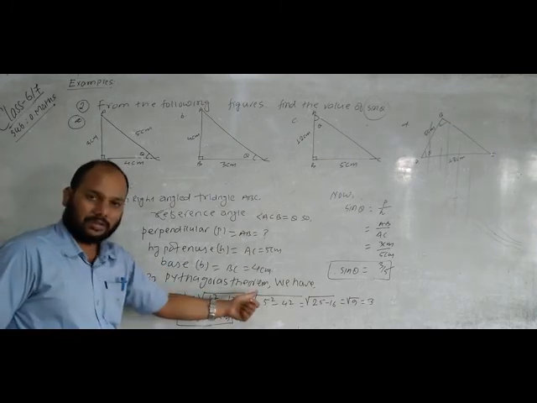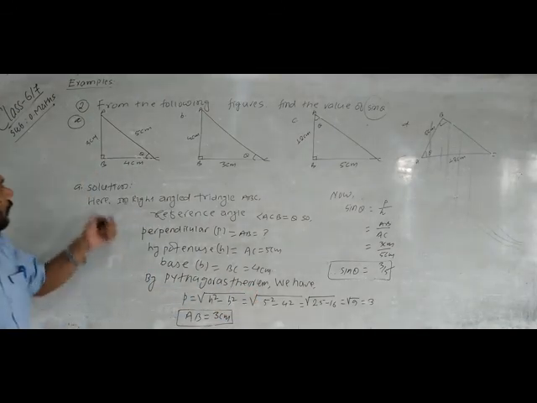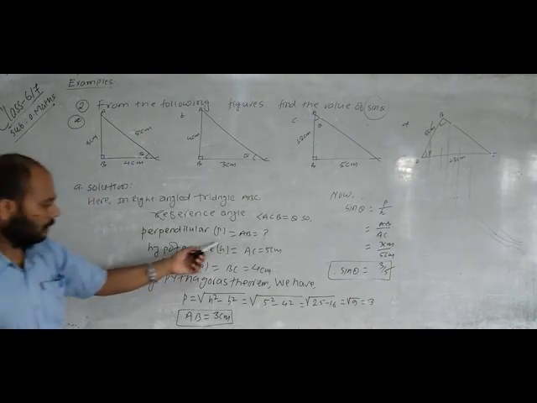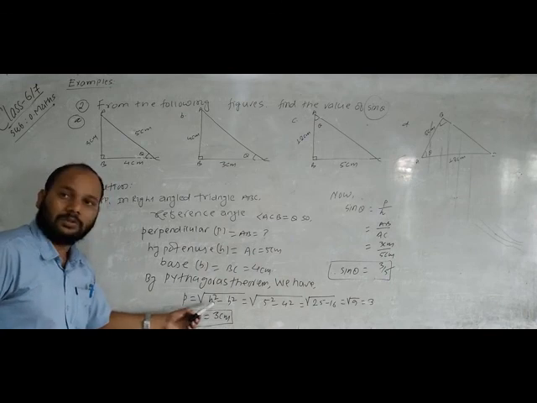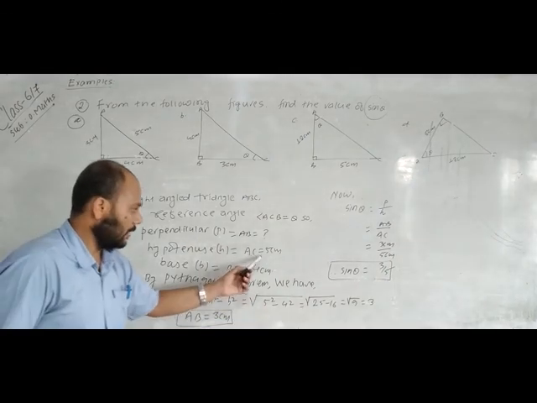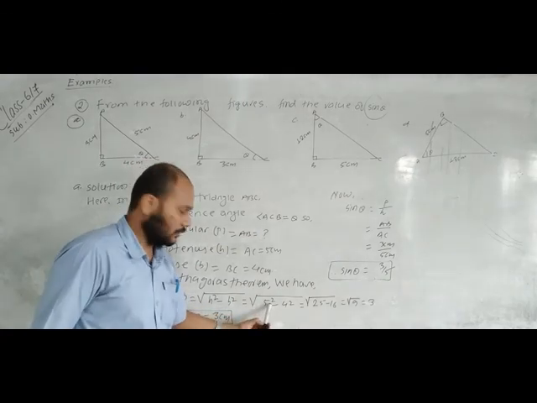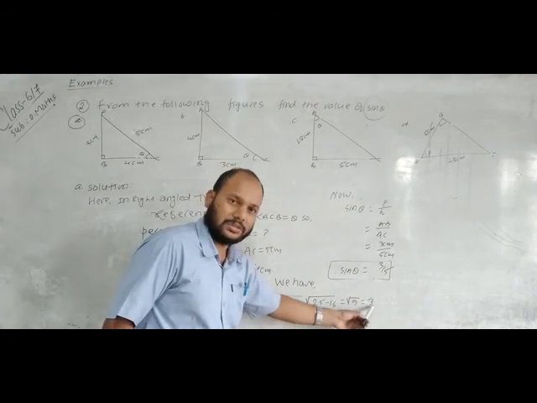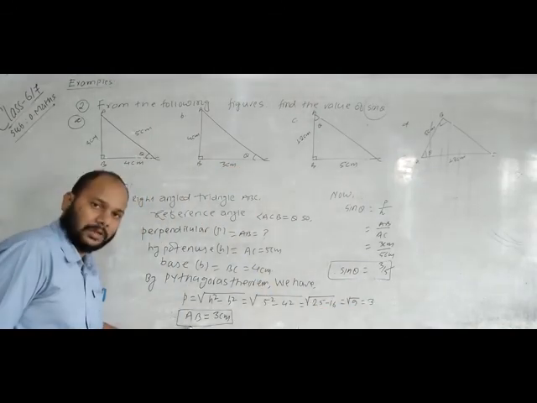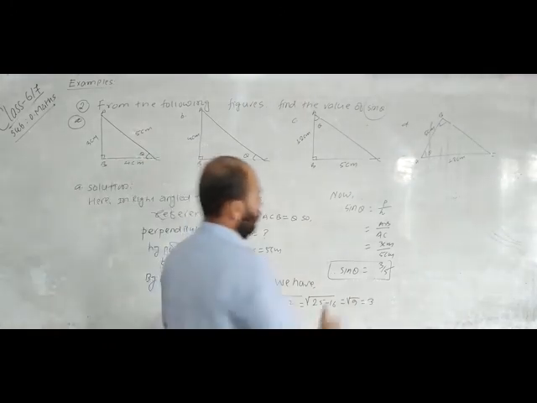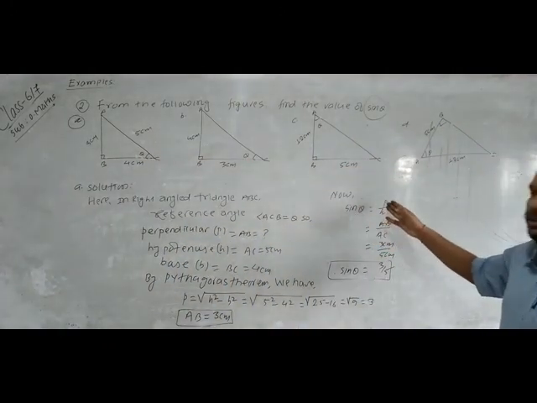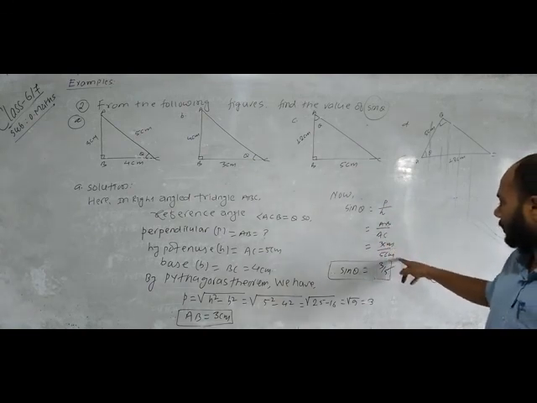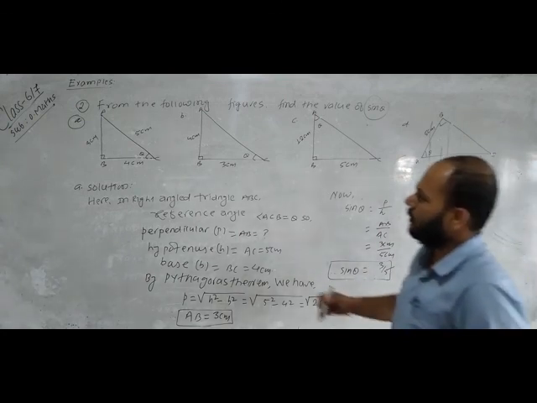By using the Pythagoras theorem, first you should find the length of AB, which is P. So P is equal to H square minus B square, where H is 5 cm and B is 4: 5 square is 25, 4 square is 16, 25 minus 16 is 9, its square root is 3, which represents the length of AB is equal to 3 cm. And then you easily find the value of sin theta by using the formula P by H. There P represents AB and H represents AC, and 3 cm by 5 cm, cm cancel, 3 by 5.